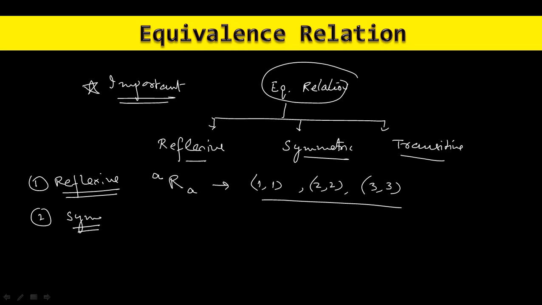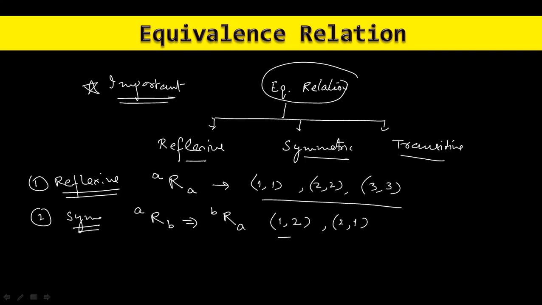Symmetric. If A is in a relation with B, then B is in a relation with A. Now what is the meaning of this? If 1 and 2 are present inside the relation, 2 and 1 should be there inside that particular relation.